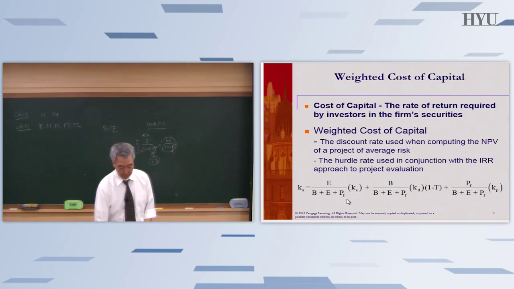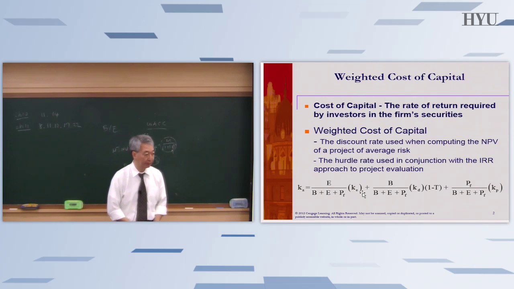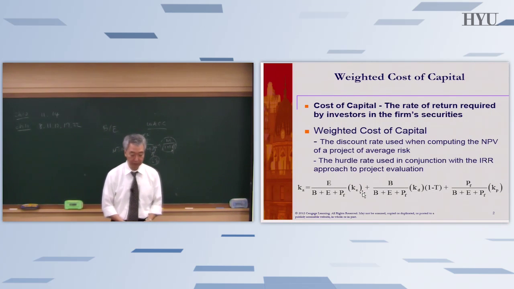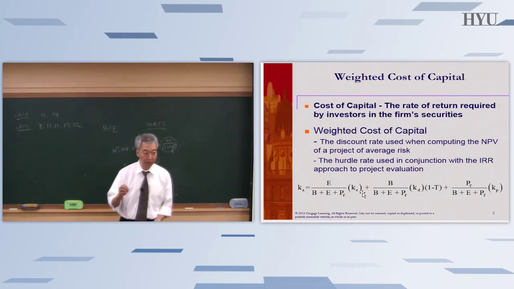And the equity divided by total capital is simply the proportion of equity in the company's total capital. Here's the proportion of debt in their total capital, the proportion of preferred stock, right? And we multiply those proportions by the cost of each component, okay?